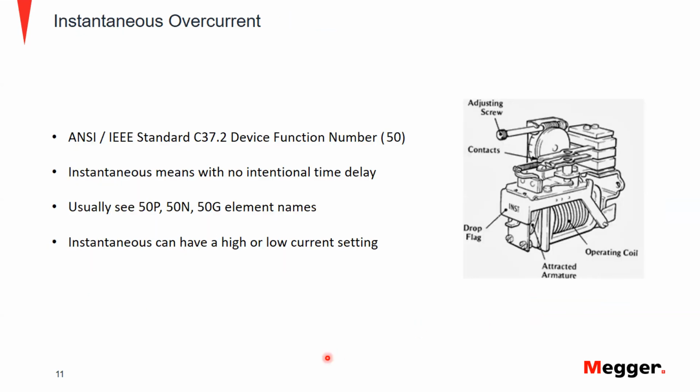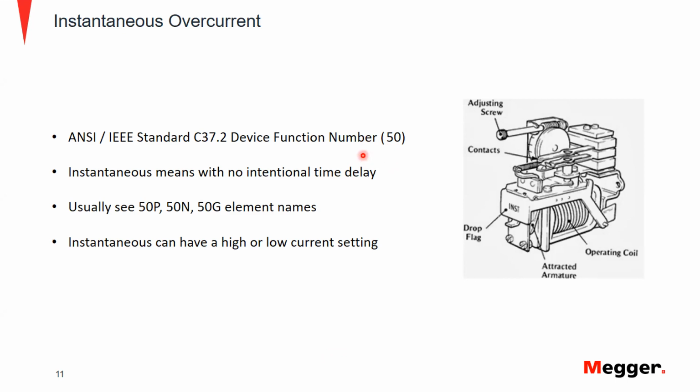ANSI and IEEE standard C37.2 is the device number for device function numbers. Sorry about that. For the instantaneous level, it's a 50 element, and we'll go through each one; each will have its own IEEE number as well.